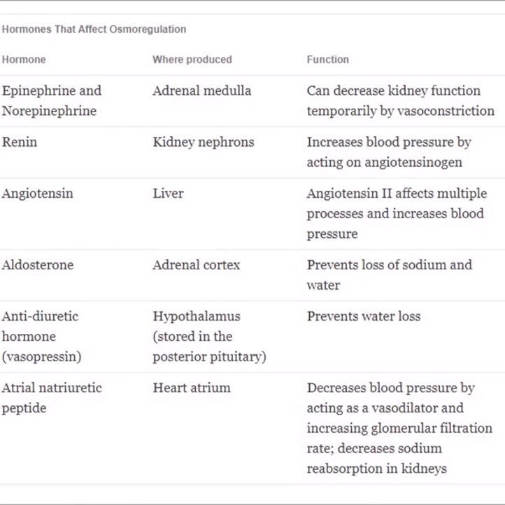Then another hormone is atrial natriuretic peptide. This is produced in the heart atrium and it decreases blood pressure by acting as a vasodilator and increasing glomerular filtration rate. It decreases sodium reabsorption in the kidneys.